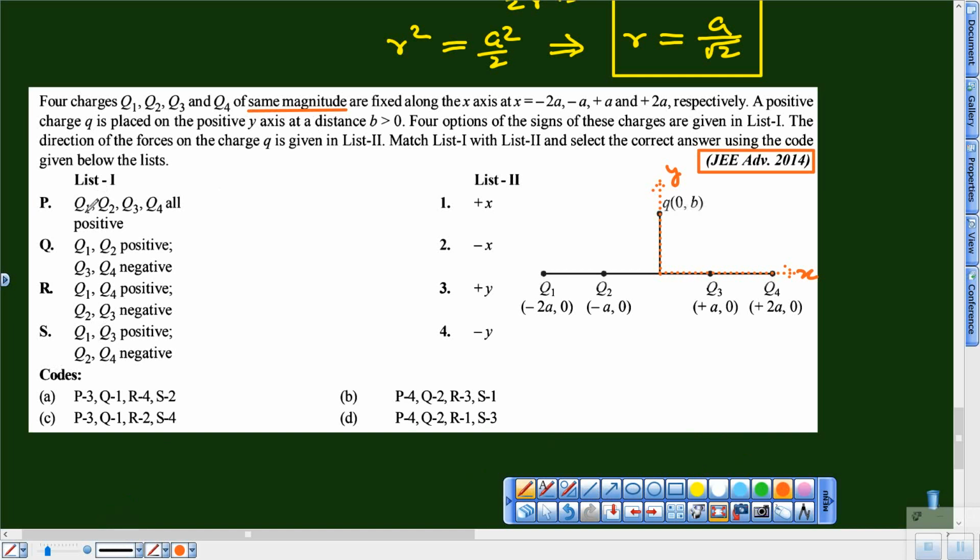First, if all the 4 charges are positive, you can see what is going to happen over here. Well, if I can show, I'll undo that later on. The force due to Q1 would be somewhere over here, repulsive force, because Q is positive as it is given, right? A positive charge.